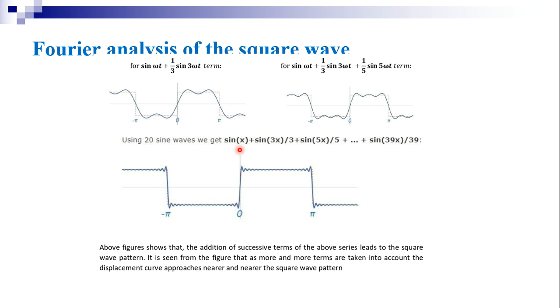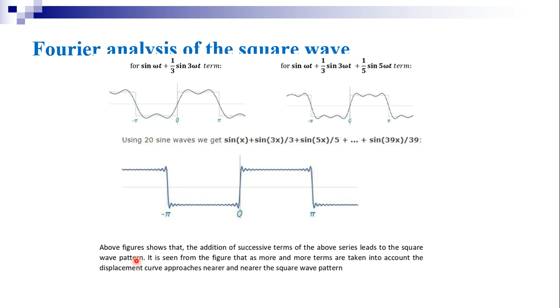We get sin x, that is in terms of omega t, plus 1 by 3 sin 3x, or 1 by 3 sin 3 omega t, plus 1 by 5 sin 5x, etc. So like this, if you add 20 sine waves, we get a waveform like this. You observe, it is clearly a square in shape.